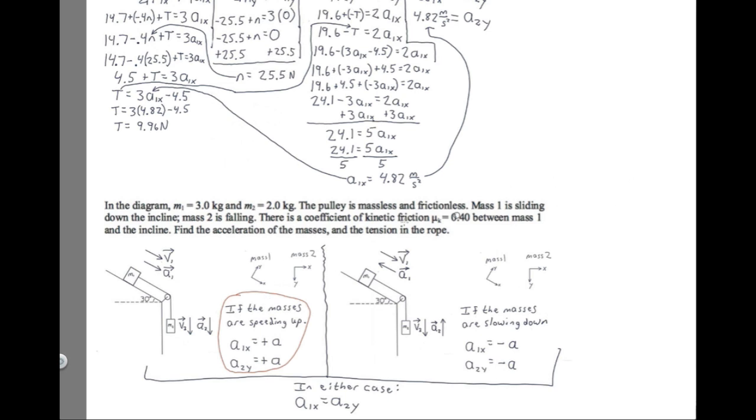As I mentioned earlier, for this type of setup with two objects connected by a rope, professors would usually write this type of question so that the masses would be speeding up. It would be rather unusual, I think, for a professor to write this particular type of setup so that it had an outcome where the masses were both slowing down.